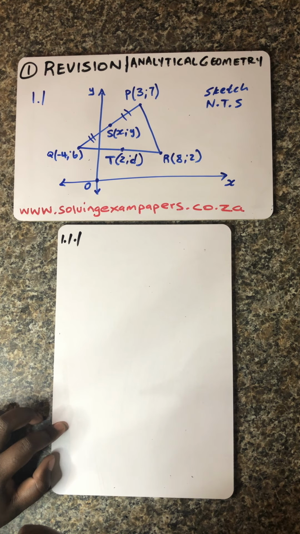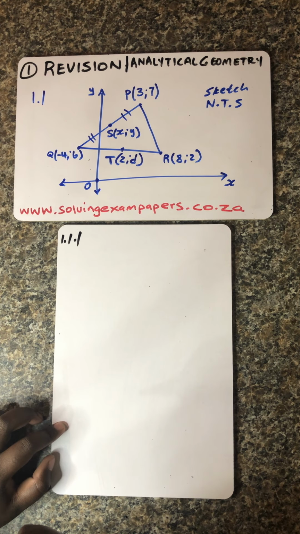Okay, so the moment they say determine the distance, then you should remember, guys, the distance formula. You just need to write it down. Okay, obviously it's the square root of (x2 minus x1) squared plus (y2 minus y1) squared. The moment they say determine the distance, ladies and gentlemen, you should write down the distance formula.